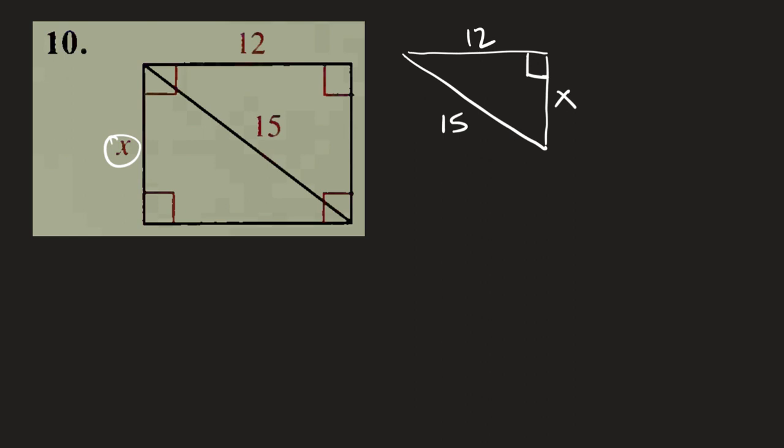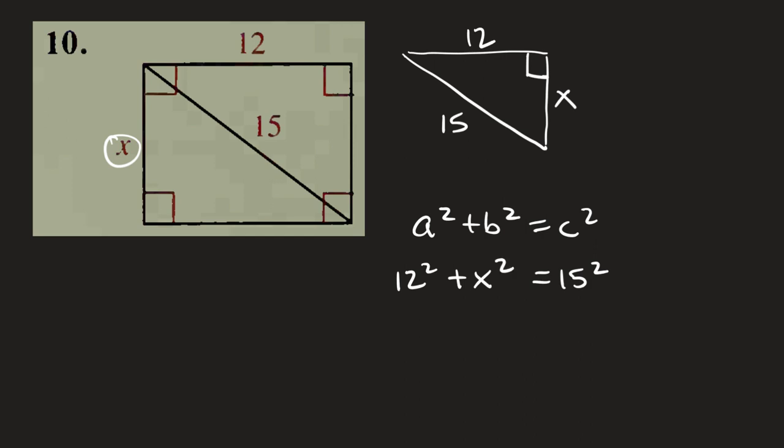We need to use the Pythagorean Theorem, a squared plus b squared equals c squared. And the c, most important, that has to be isolated. That's opposite the right angle. That's 15. That's 15 squared. And we have a and b, so 12 squared would be one of the legs, and x squared. We're solving for x.